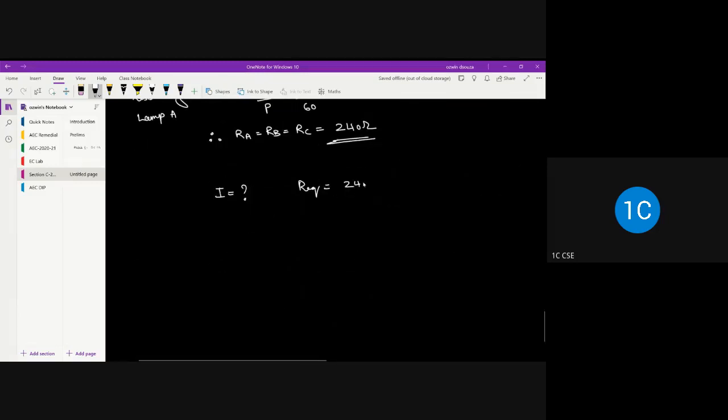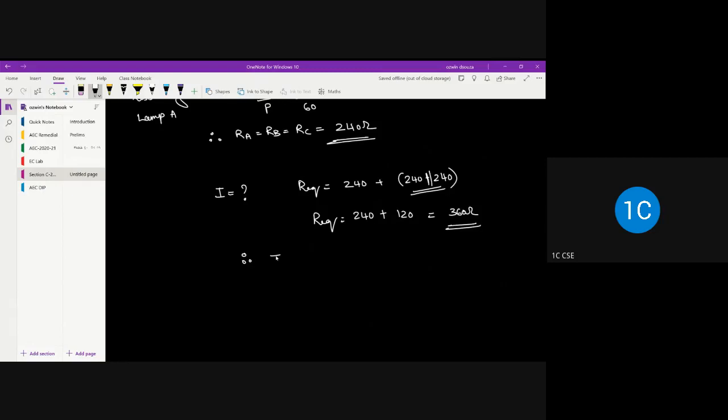So R equivalent is 240 plus 240 in parallel with 240, which is half the resistance value, 120. So that is 360 ohm.